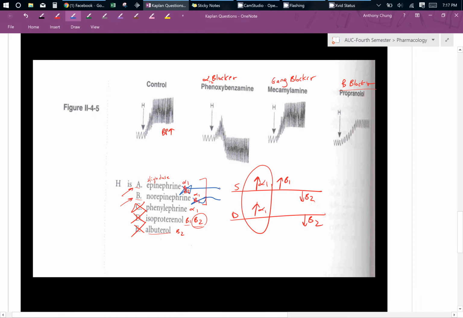In both cases, you only have an alpha 1 left. If you have only an alpha 1 left, this is pretty close together. And so you can't really tell anything from propranolol other than it's epinephrine or norepinephrine. So it's not propranolol. You can't tell anything with propranolol. It doesn't distinguish the two.